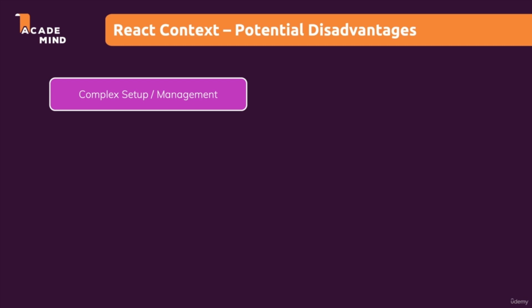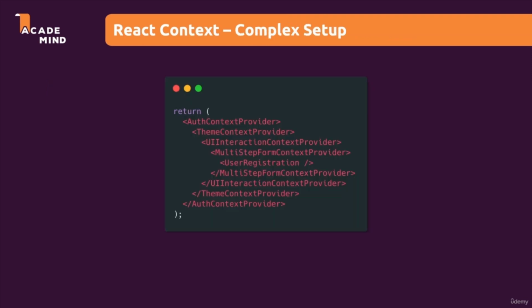But if you're building a large application, an enterprise-level application with a lot of components and a lot of things going on, then when using React Context, you can end up with code like this, where you have a lot of different pieces of context, a lot of different states that affect multiple components or the entire app, and therefore a lot of different context provider components which you built for managing these states. And you can end up with deeply nested JSX code like this as a result.